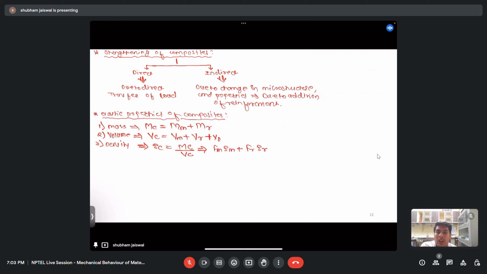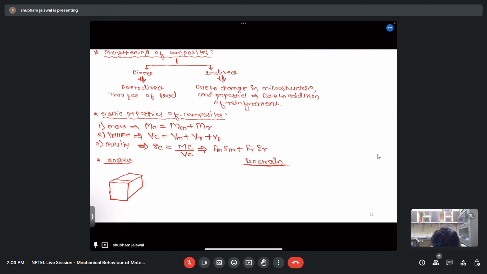So now if we are loading any composite, how do we calculate? So it's Young's modulus. We have two models. One is the isostress condition, and second one is the isostrain. So let's say this is my composite.